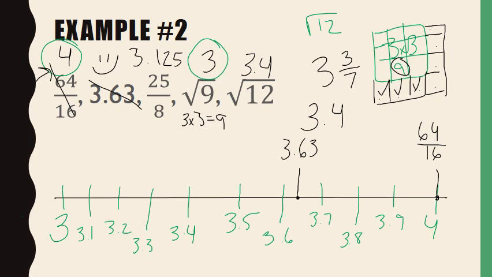Next we have 3.125. That's going to be a little bit bigger than 3.1. So I'm going to put a point a little bit bigger than 3.1. And I'm going to label that with the original fraction 25 over 8. Next value we have is the square root of 9, which equals 3. So I'm going to put that point exactly on 3.